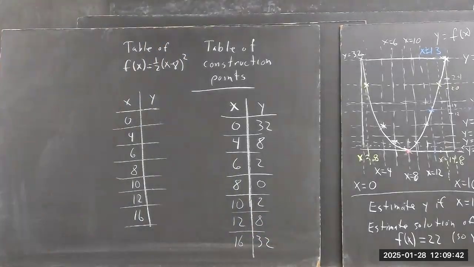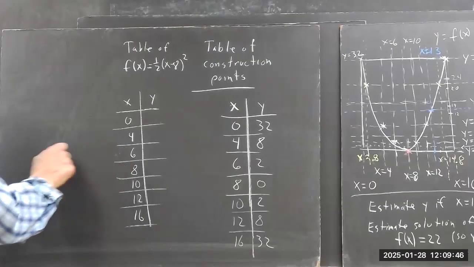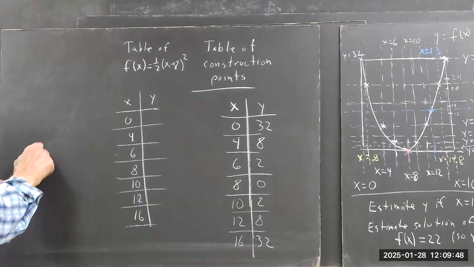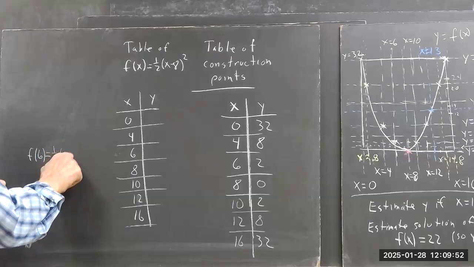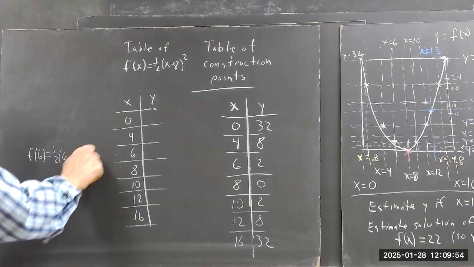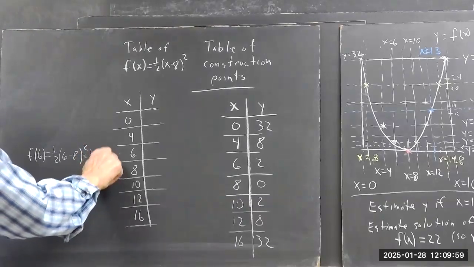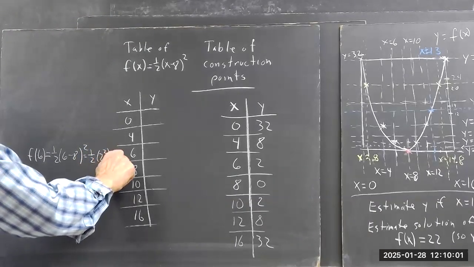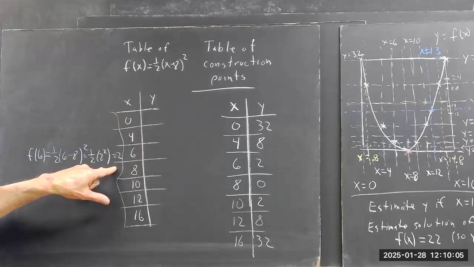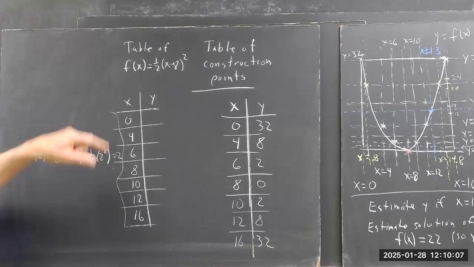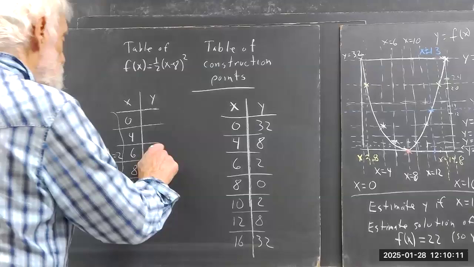Okay, well, let's calculate a couple of these. f of 6 equals 1/2 of 6 minus 8 squared, which is 1/2 of 2 squared, which is 1/2 of 4, and that is 2. So you should get 2.